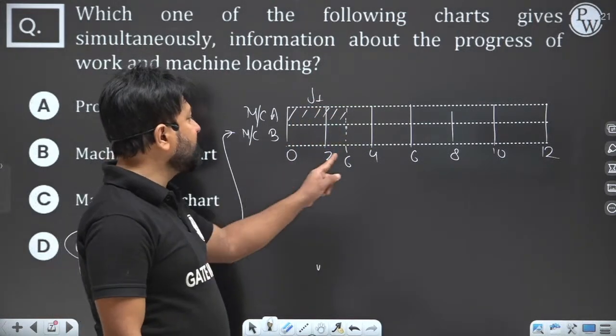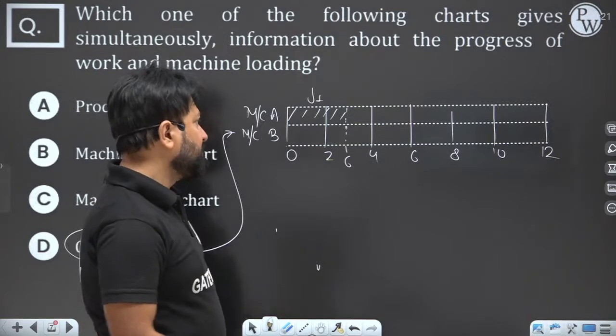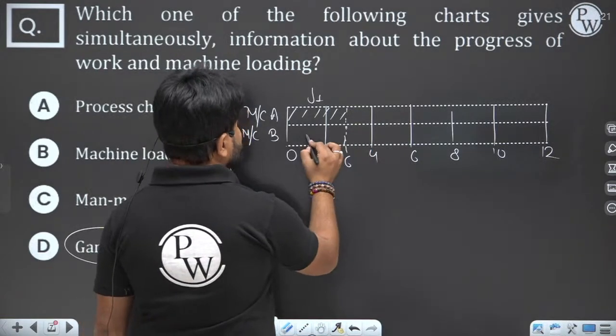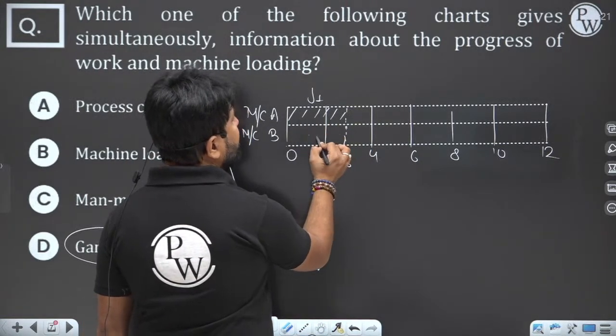Meanwhile, machine B is waiting. So this is processing time and waiting time.